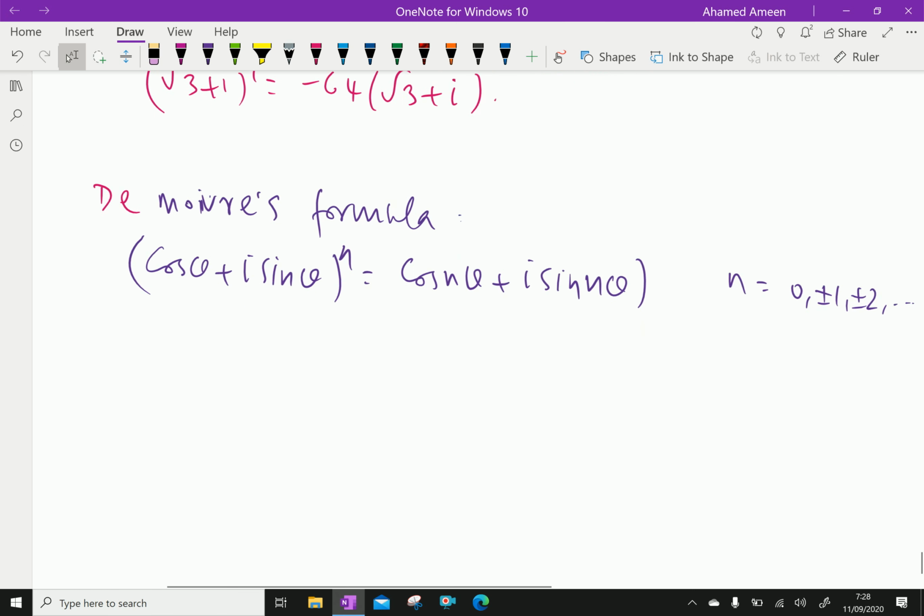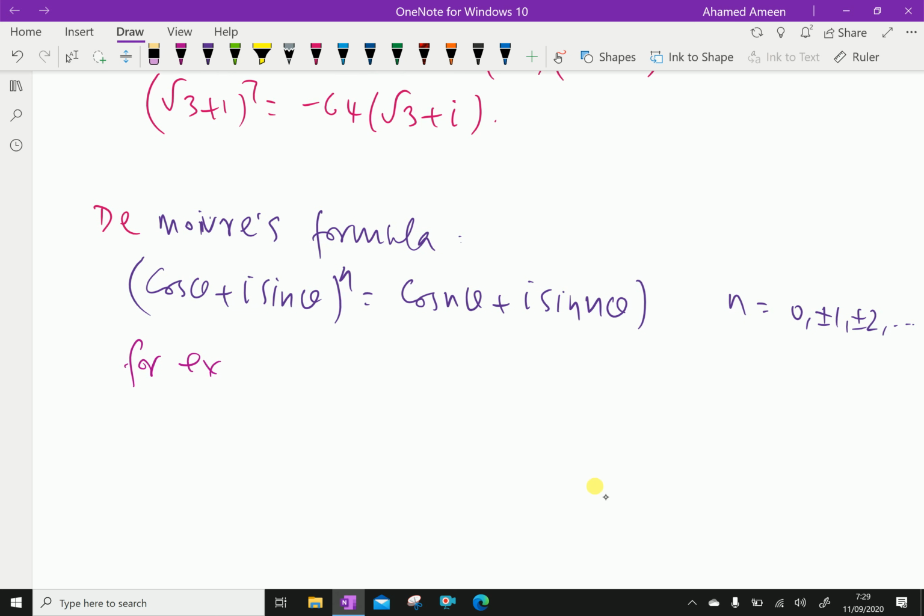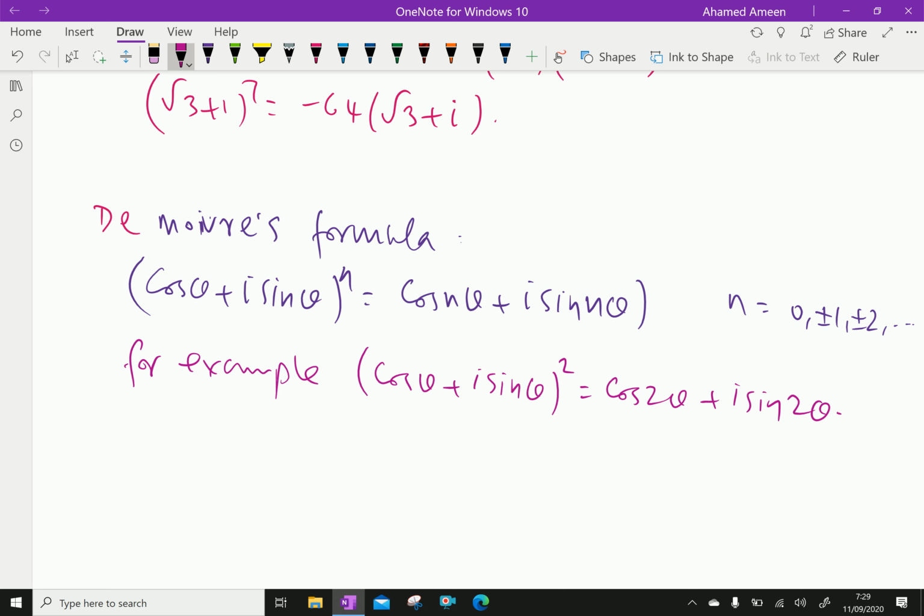Now for example, cos theta plus i sin theta whole squared is expressed as cos 2 theta plus i sin 2 theta. Like this, any integral power we can express.